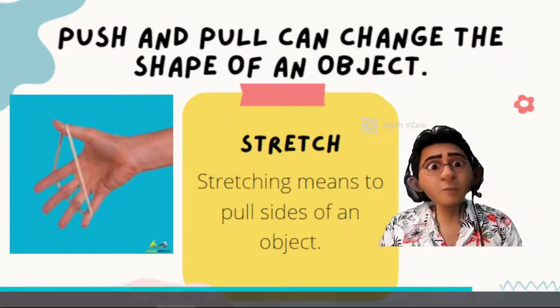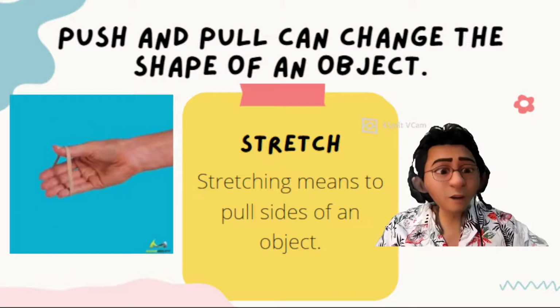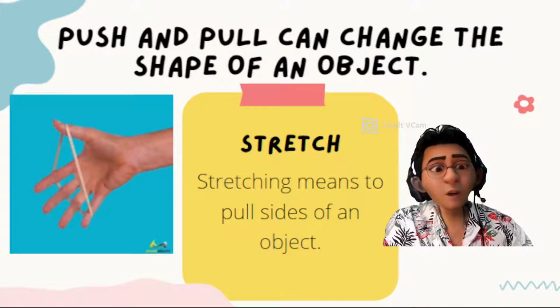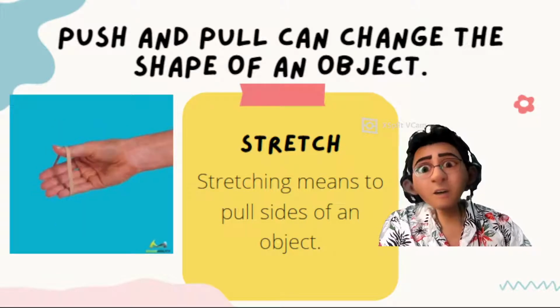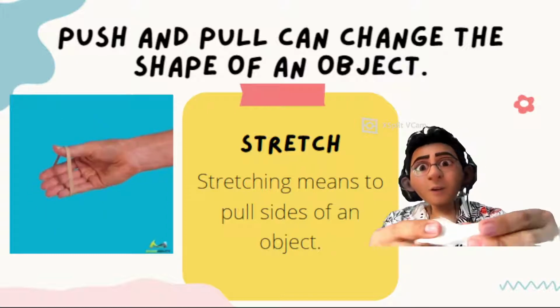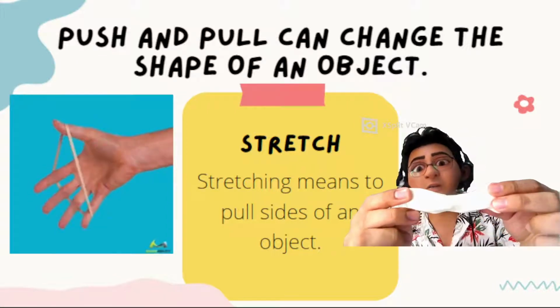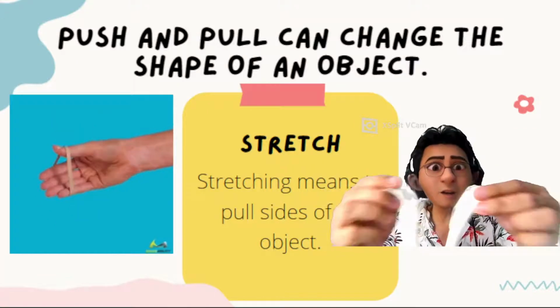Push and pull can change the shape of an object by stretching. Stretching means bukan exercise stretching. Yeah, it's boleh juga, but then in here we are talking about this. Stretching means tarik, to pull objects like that. That is stretching.